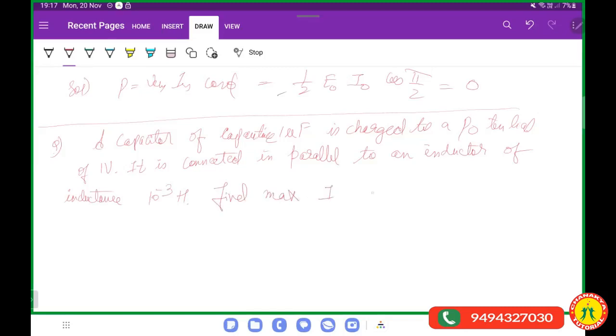Maximum I that will flow in the circuit. Come on, try this one.